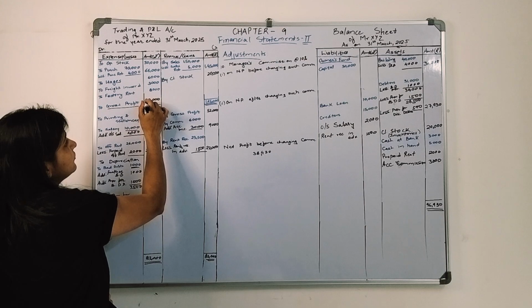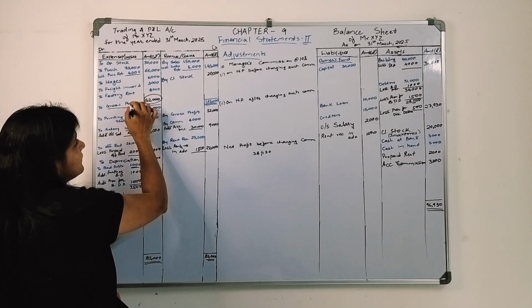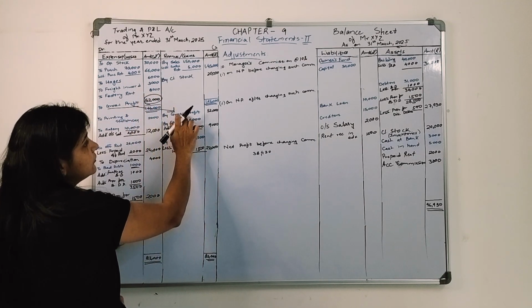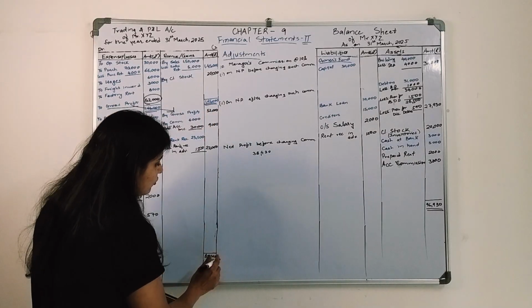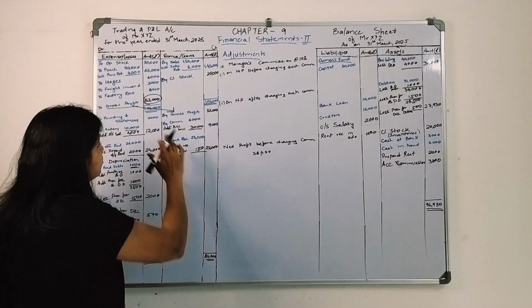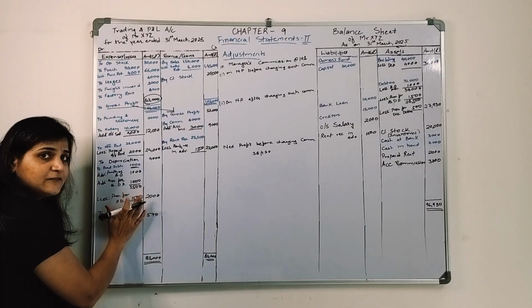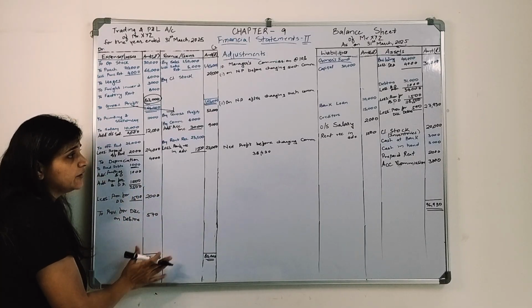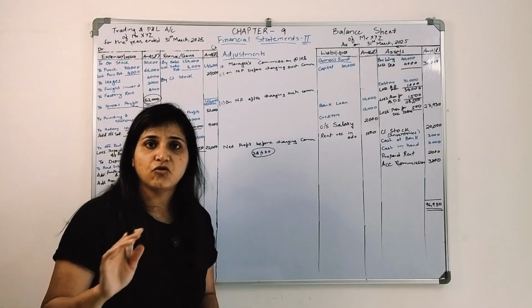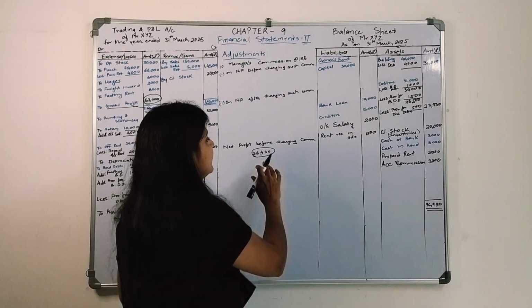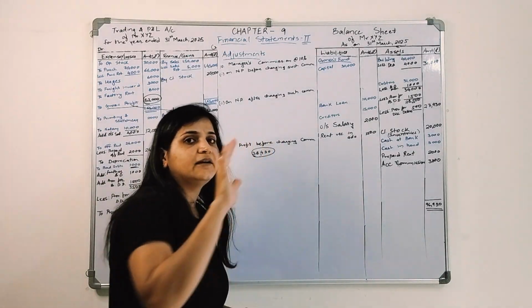Gross profit is 52,000. This gross profit will get transferred to the profit and loss account, 52,000, and the total is 83,000. When I deduct the expenses from here, the profit I get is 38,430. So 38,430 is the net profit.